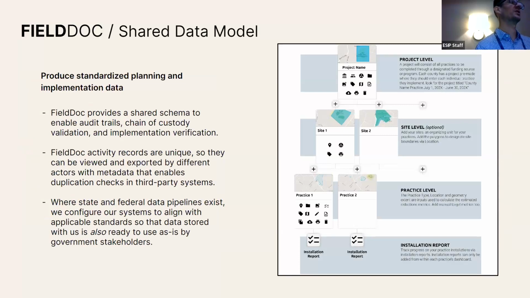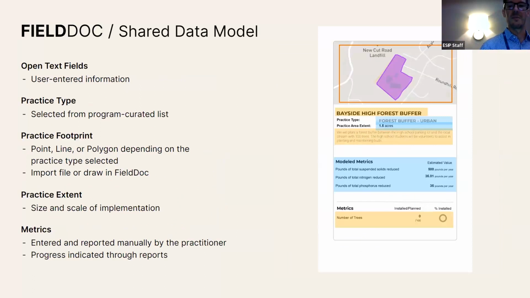Most of these practitioners in the Delaware had some idea and some means for documenting work, whether they were putting that into a spreadsheet or a specific data set, but there was no shared understanding of that implementation, let alone a chain of custody. So what we did is establish a data model where we can document very finely at the practice scale the location, practice type, practice footprint, and any required metrics to support documentation of that effort.